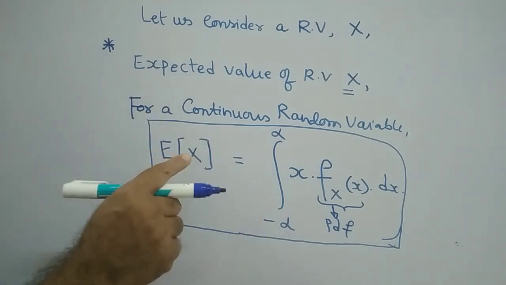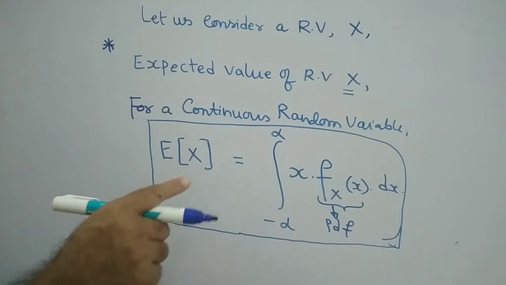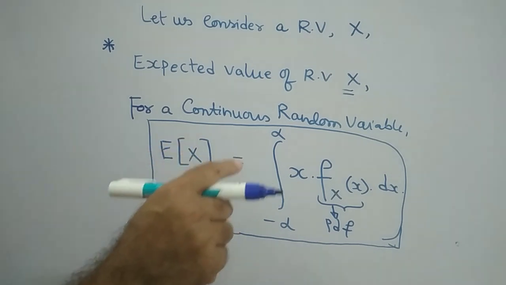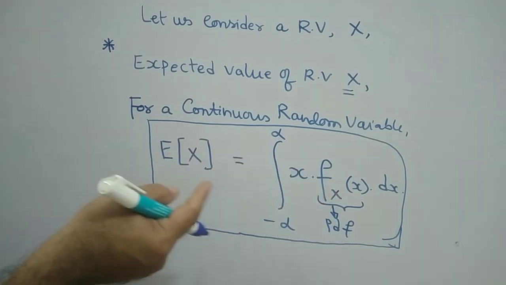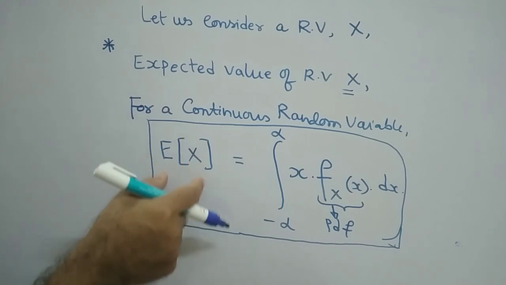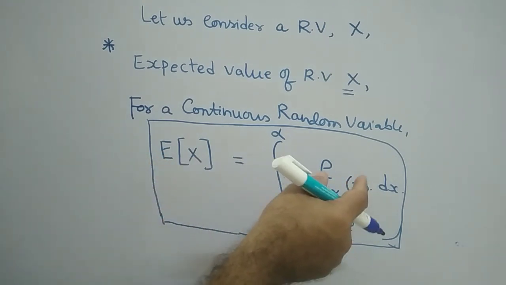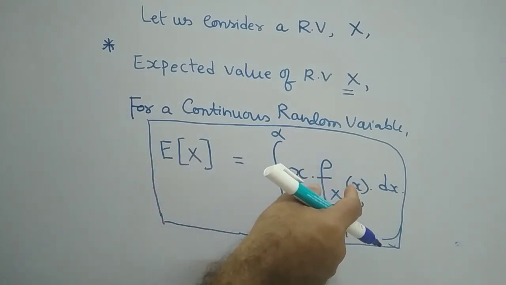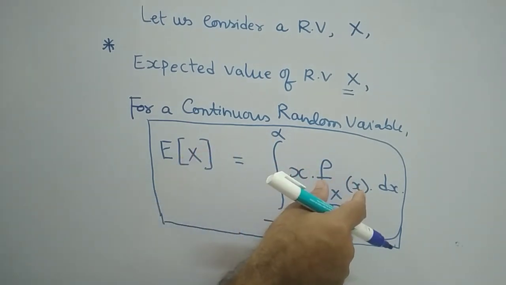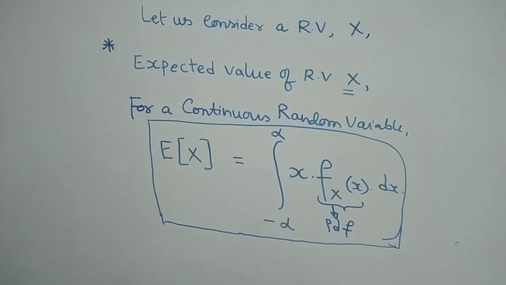As I have explained in the previous presentation, any x or y or capital Z, whatever it is, has a small PDF as well as a capital PDF. But for calculating the mean value or expected value, we will consider the small f of x. Remember that. So, integral of small x multiplied by its small PDF gives the answer.